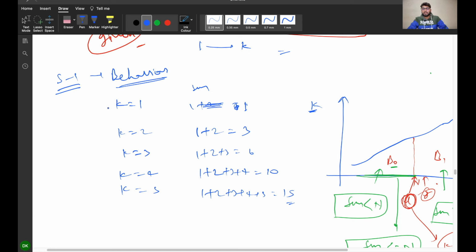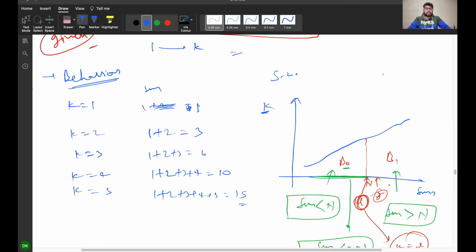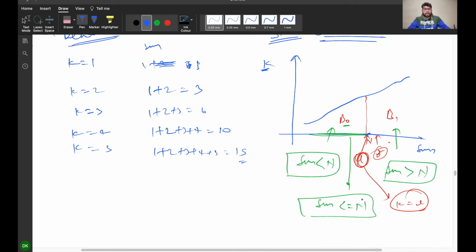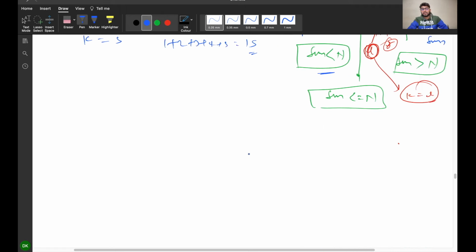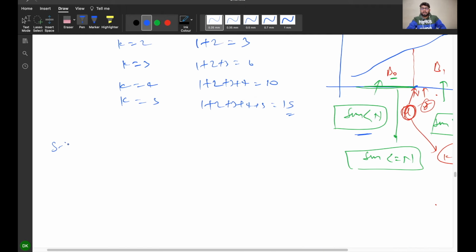What is the behavior? We can say that behavior is monotonous, that is, if we increase k, the sum is increasing. I just have to check step 2, that is the cutoff point, cutoff limit. We just have to find our cutoff limit, and we have our regions. In step 3 I have to write code.